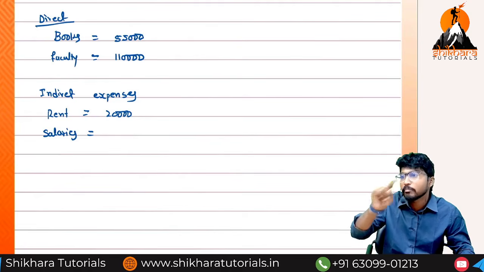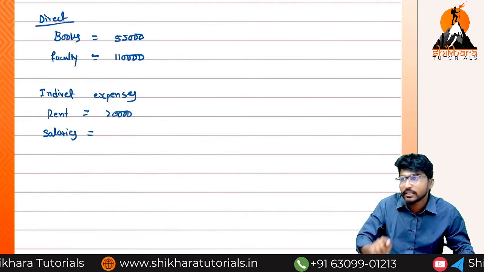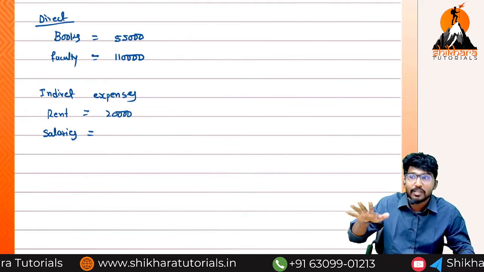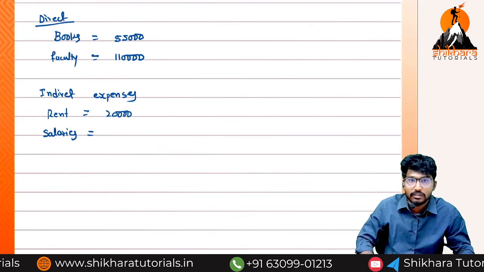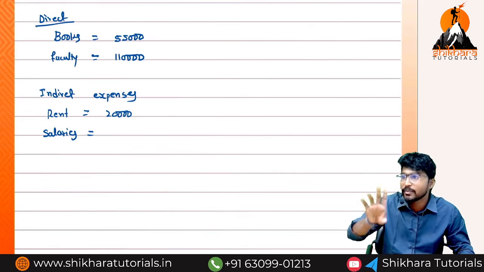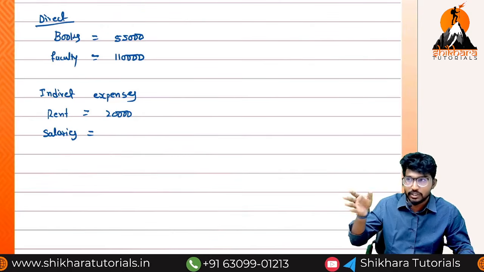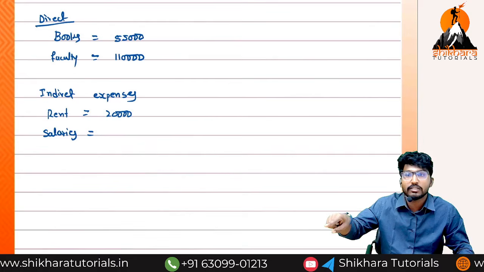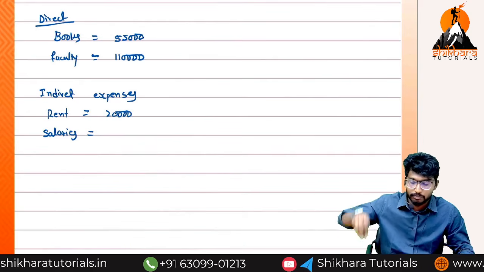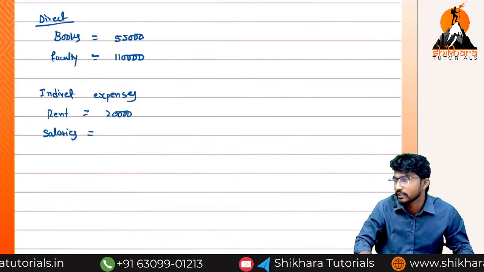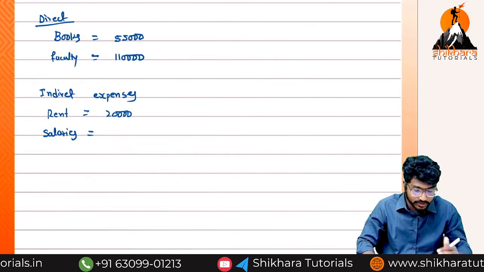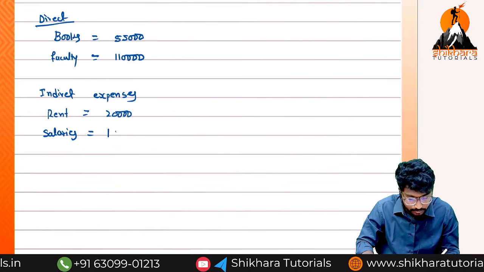They are permanent employees in the organization. They are not charging on the basis of batch or on the basis of hours. Their income is on a monthly basis. Even if only one member is in this class, Shikharatutorials has to pay the salary to the coordinator. Salaries are 10,000.